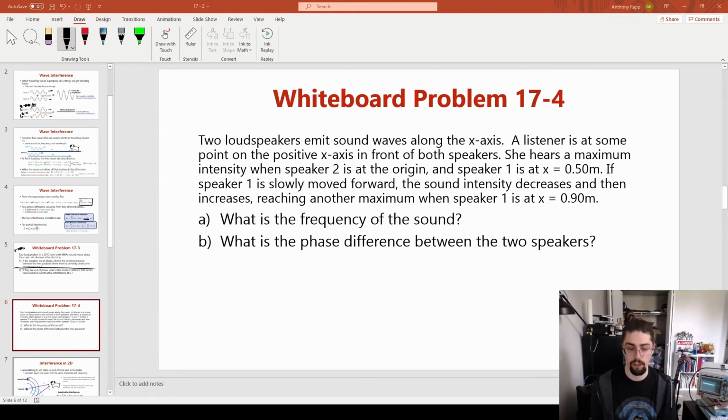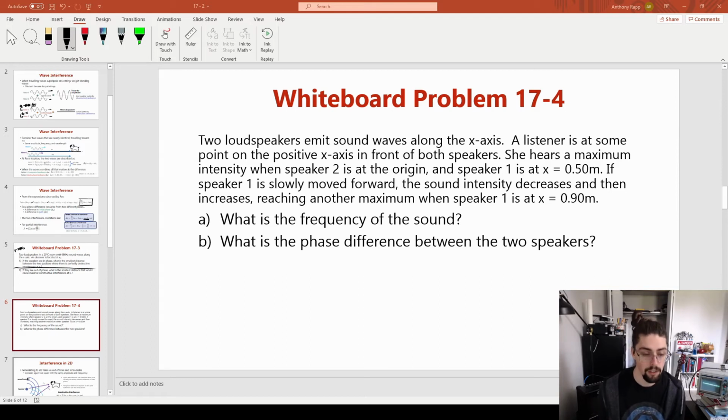So again, very similar picture to what we just saw. She hears a maximum intensity when speaker 2 is at the origin, x is equal to 0, and speaker 1 is at x is equal to 0.5. If speaker 1 is slowly moved forward, the sound intensity first decreases, and then increases and maximizes again at 0.9 meters. What is the frequency of the sound?